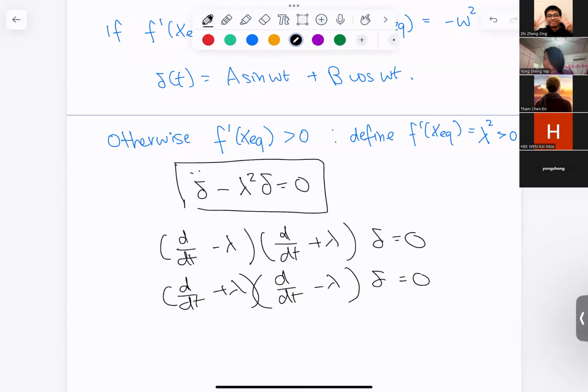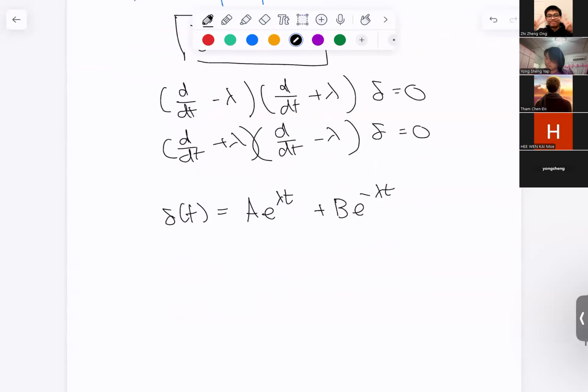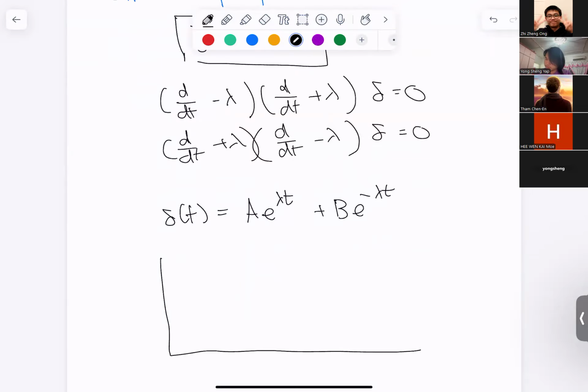Now you can solve this equation of motion, and you see that delta of t must be equal to a exponential of lambda t plus b exponential of negative lambda t. Depending on your boundary conditions, you either get something that grows exponentially with time, or something that decays exponentially with time.